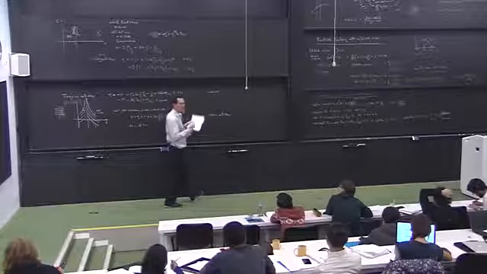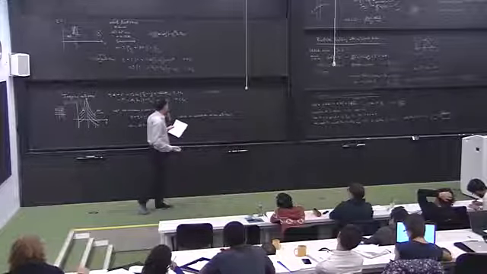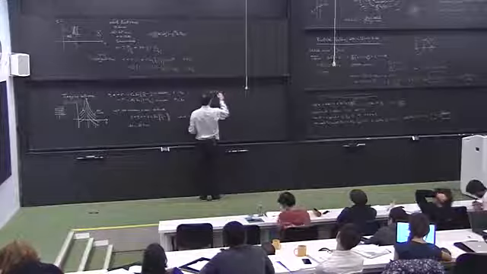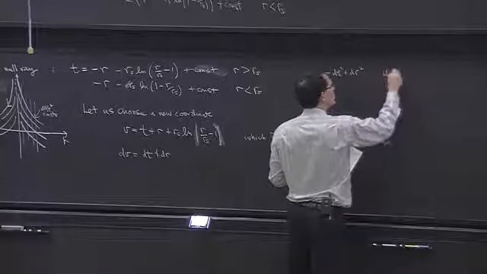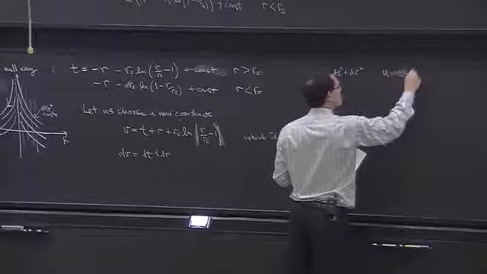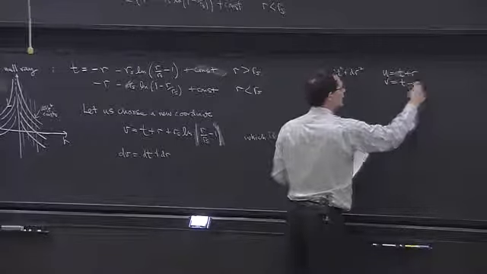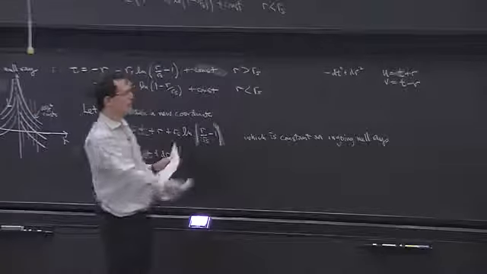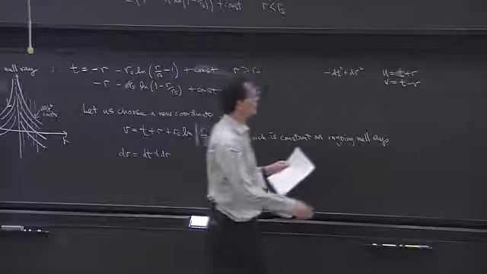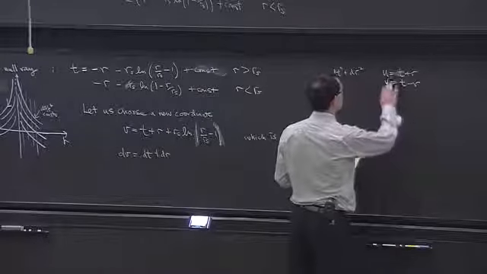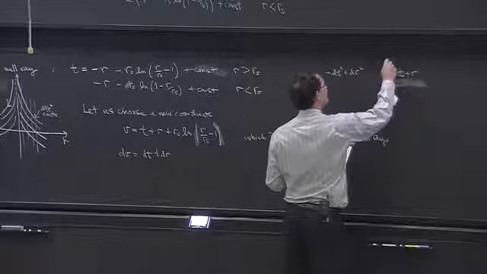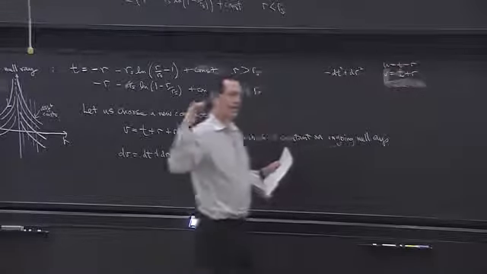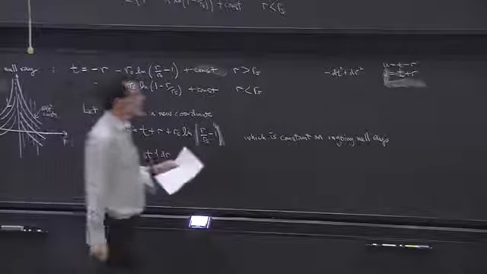If I consider radial rays in Minkowski space, it's very natural to set, with a similar argument, u equal to t minus r, and v equal to t plus r. u is constant on outgoing null rays, v is constant on ingoing null rays.